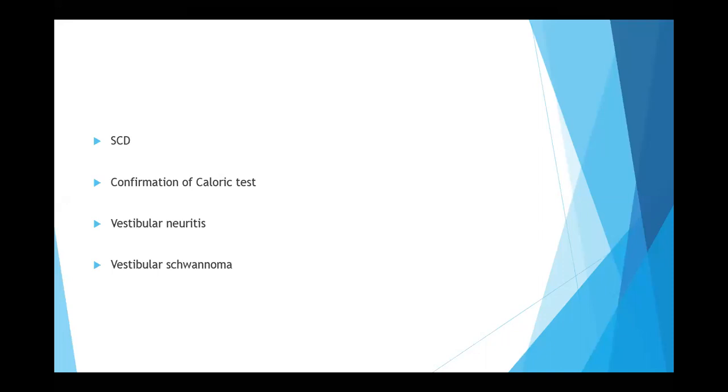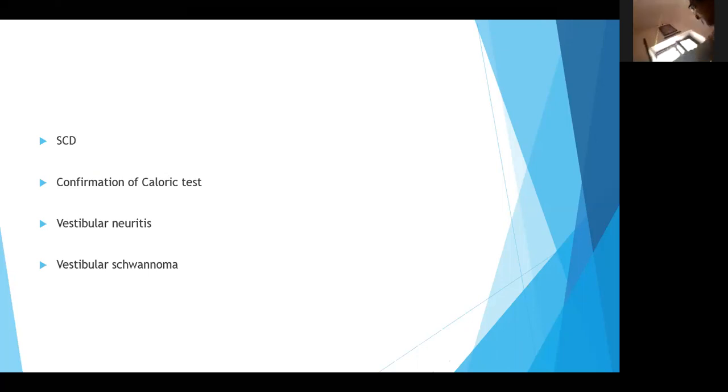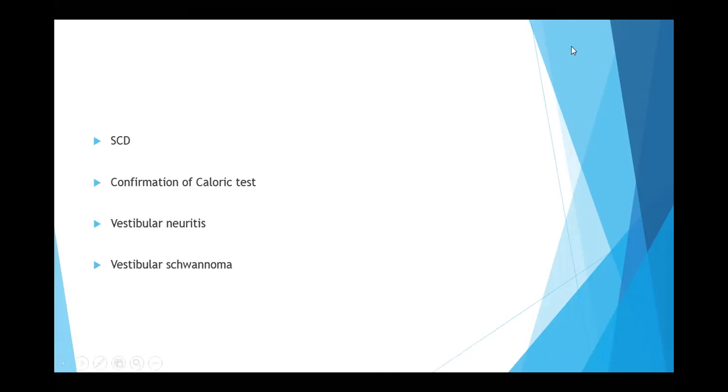Again, we cannot rely completely on this method of using the ABR protocol for our VEMP responses. Why? Because, as we saw, we rely on the asymmetry ratio to say if the VEMP responses are normal or abnormal.